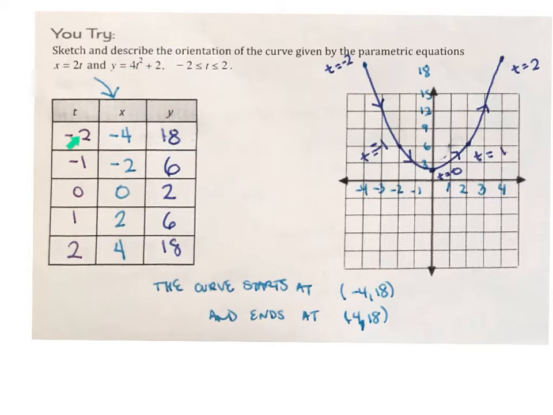Then you plug in the t's for the y and get the y values, and then you plot each point. The first one would be -4, 18, then at -2, 6, 0, 2, and so forth, and so you know it moves in this direction. The curve starts at -4, 18 and ends at 4, 18. We could even say that it moves mostly from left to right.